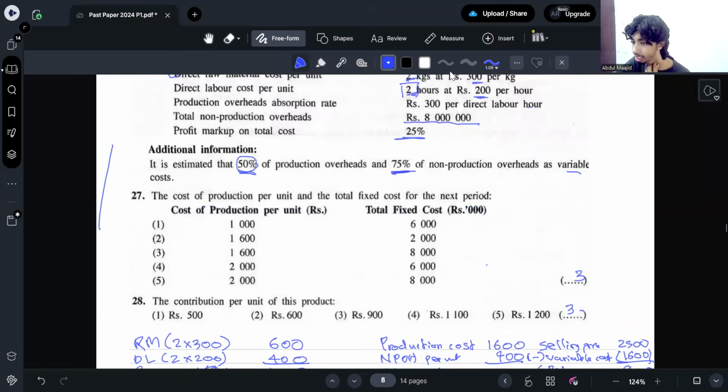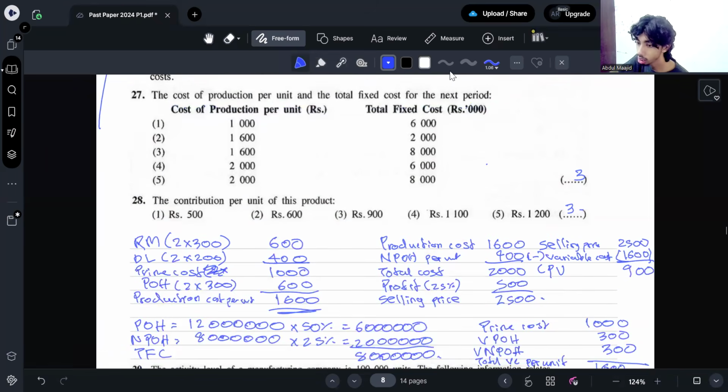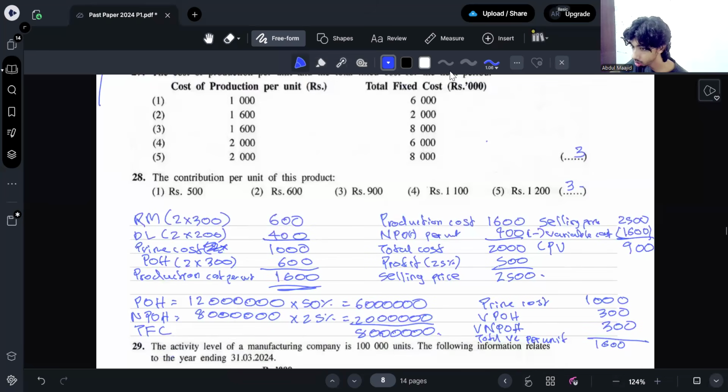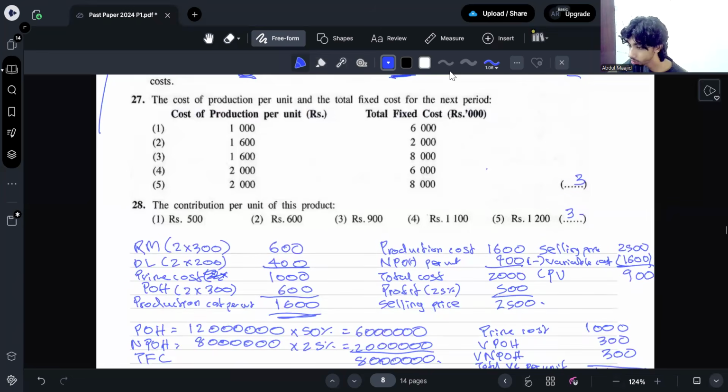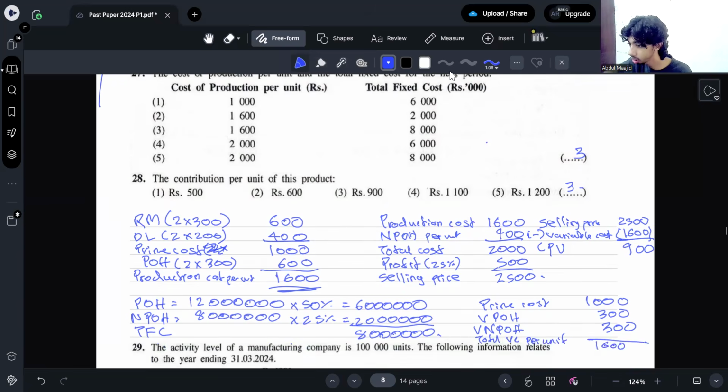It is estimated that 50% of production overhead and 75% of non-production overhead are variable cost. Now, the production overhead per unit we found as 600. So 50% of that will be variable. So variable production overhead will be 300. And 75% of non-production overhead is variable. Non-production overhead we found as 400 rupees for one unit. So the variable cost included in that will be 75%, 300. So variable non-production overhead is 300. Total variable cost per unit is 1,600. Did you understand that, Shastra?